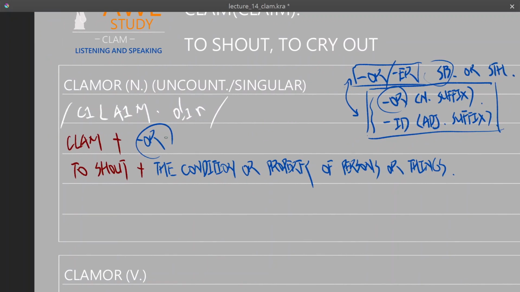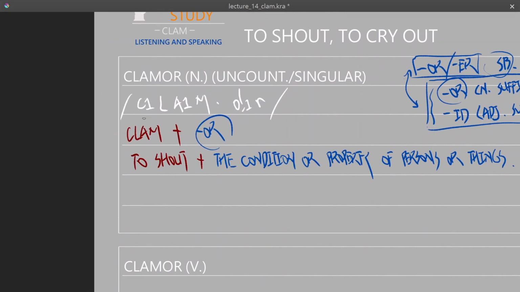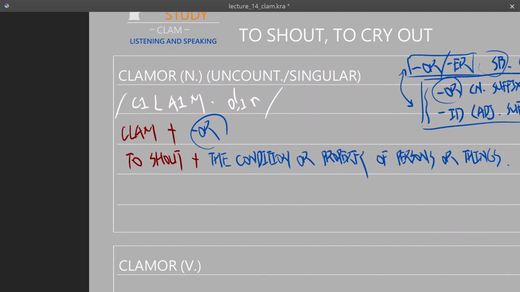So clamor. What does clamor literally mean? It means the condition of shouting.